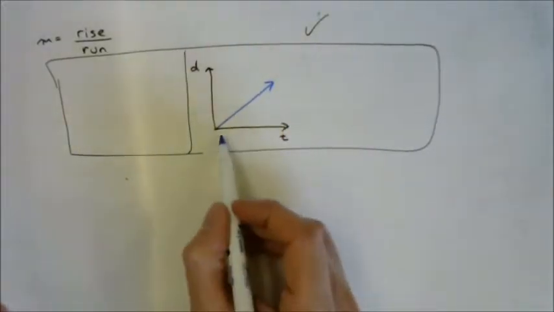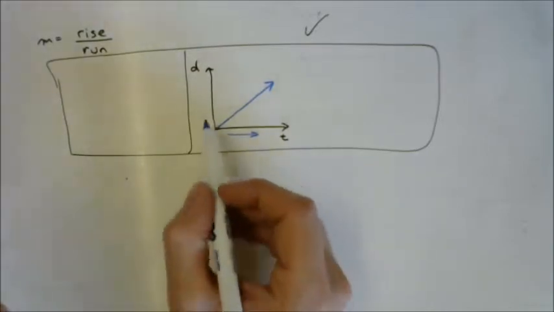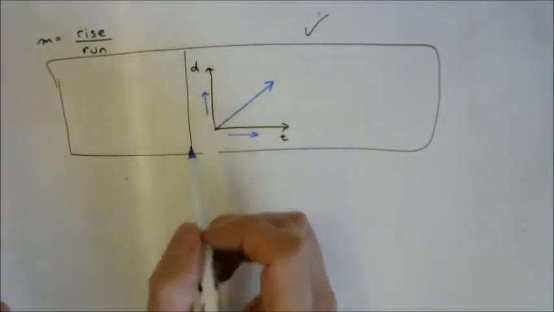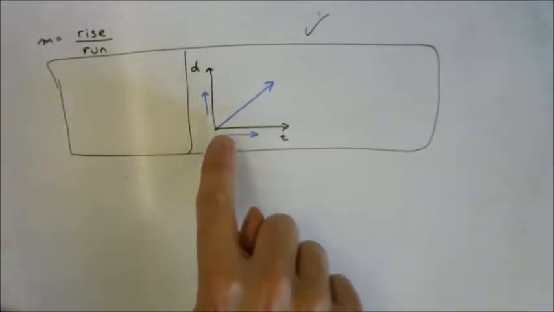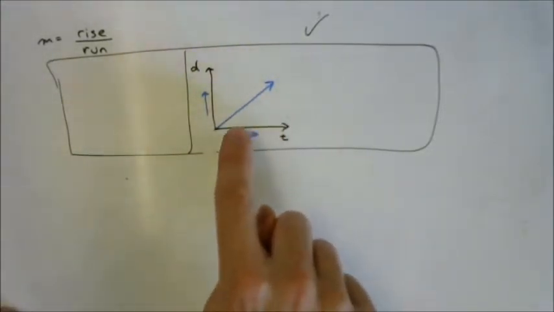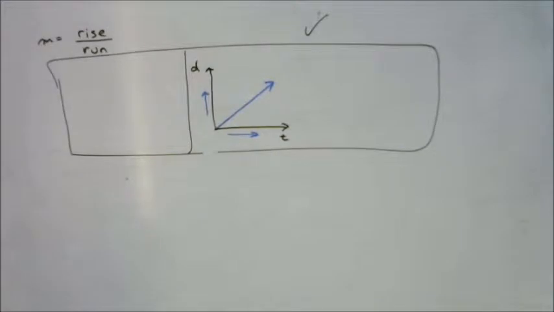Over more time, it will cover greater distance if it's going at a constant rate. Now, what word do we use to describe something that's traveling at a certain rate? Speed. So really, this line represents the car's speed. Or the cheetah's speed, sure.